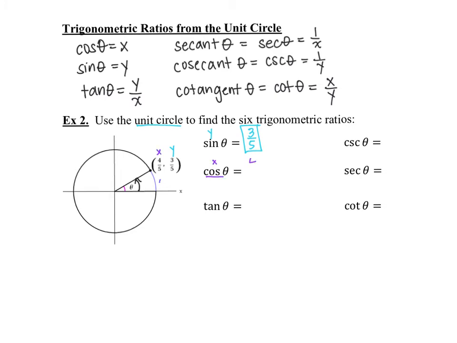The x-coordinate is 4/5. Now if I want to find tangent, tangent is actually y over x. Okay, so the y value is 3/5 over the x value is 4/5. Okay, the 5's cancel out, so I can simplify this down to 3/4.